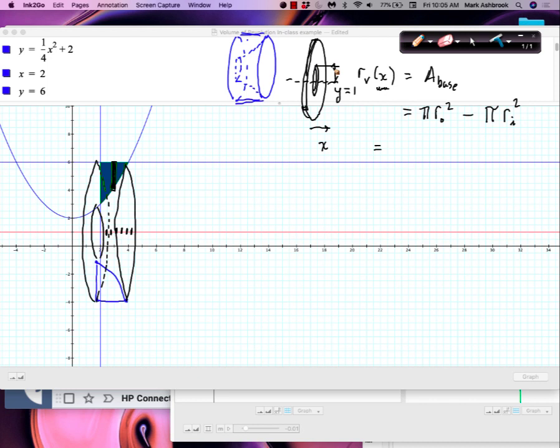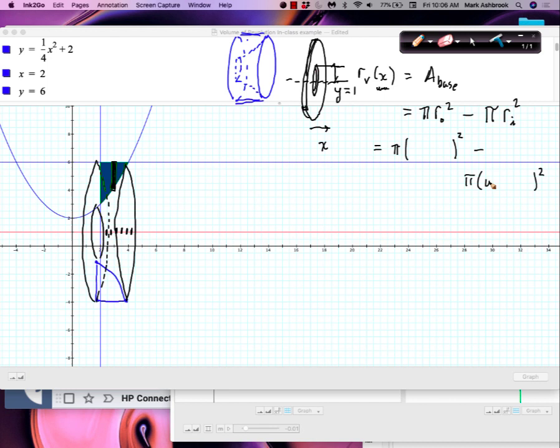Okay, and so how do we calculate that change in y? How far is that from there to there? Oh, this is inner, sorry. I'm doing the inner radius first here. So it's going to be this minus this, right? So it's y final minus y initial.